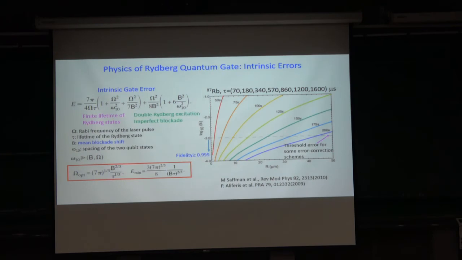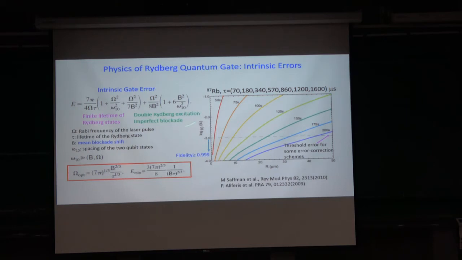So now this platform has become really popular. More and more groups are starting new projects. For these Rydberg quantum gates, there are many different reasons that cause infidelity. For intrinsic gate error, there are two main mechanisms. One is due to the finite lifetime of the Rydberg state that I just mentioned earlier.